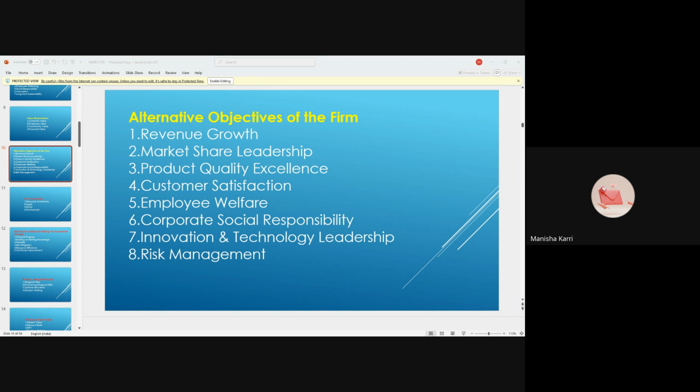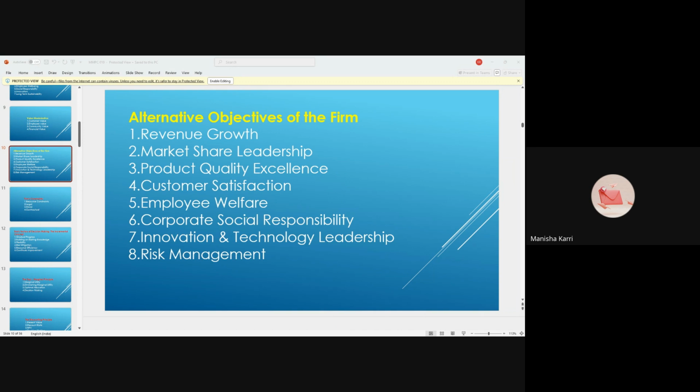And we all know risk management. Here, managing risks effectively can be a key objective for firms, especially in industries with high levels of uncertainty. This can involve diversifying operations, hedging against financial risks, and ensuring compliance with regulations.